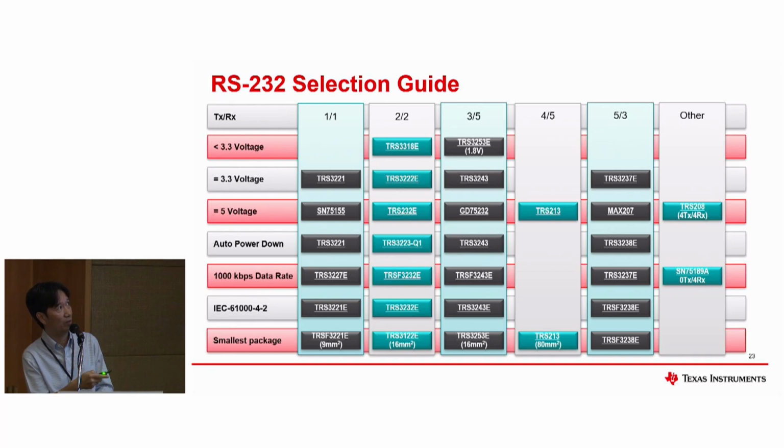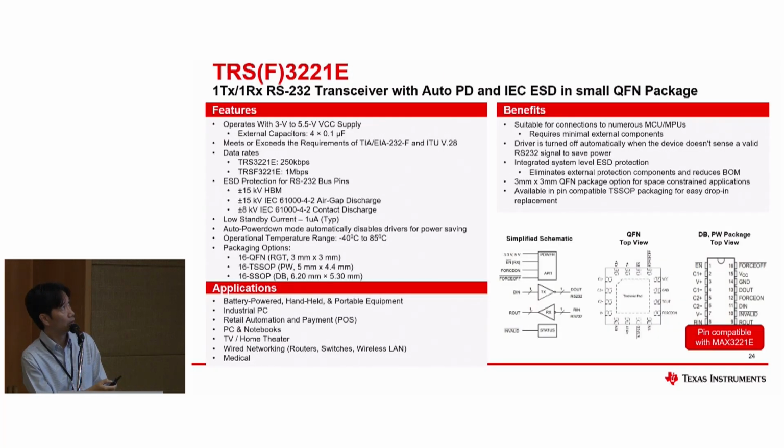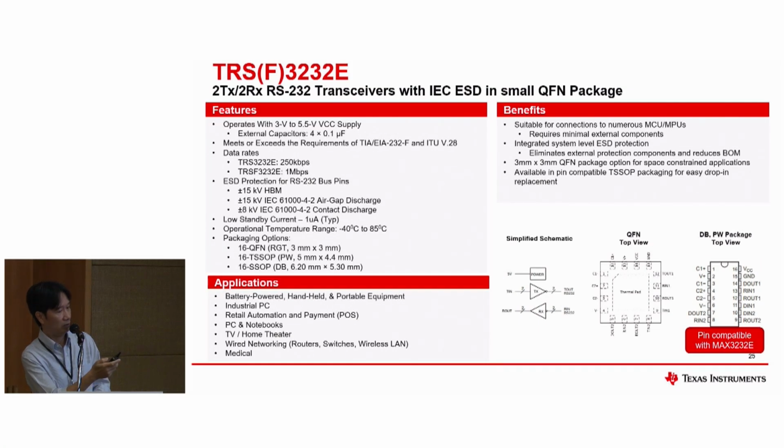Then you can consider this one, because this device works at 1.8 volts, since normally we talk about 3.3 volts or 5 volts. I will not talk about the details of this device, but one thing you can take note of is that a device with the "E" suffix means that we have ESD integrated inside the device.